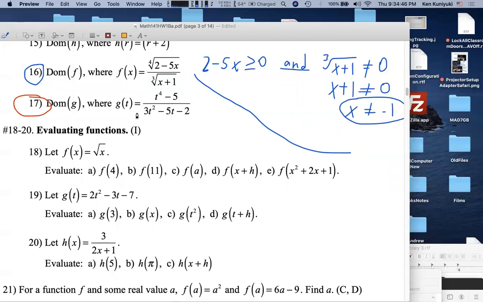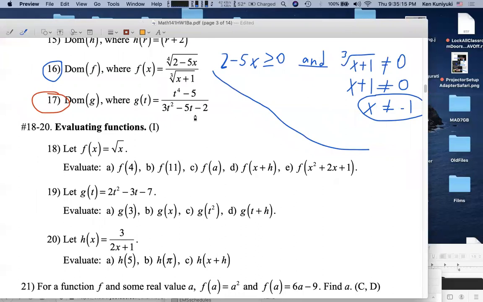We have here a nice rational function. The top is a numerator, not a problem. If the top is a polynomial, there's no problem whatsoever. The domain of a polynomial function is assumed to be all reals. But there is a problem on the bottom if the bottom is 0 in value.